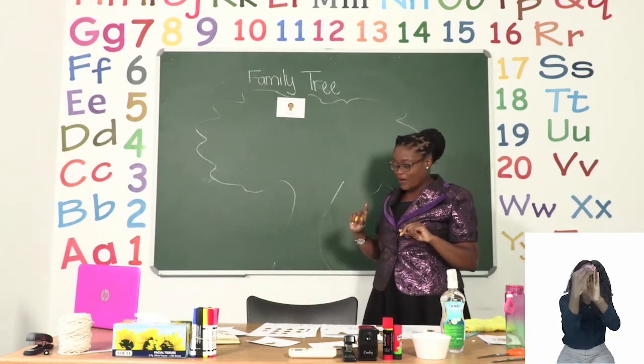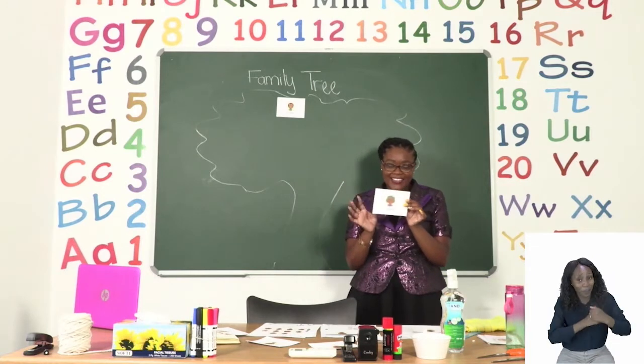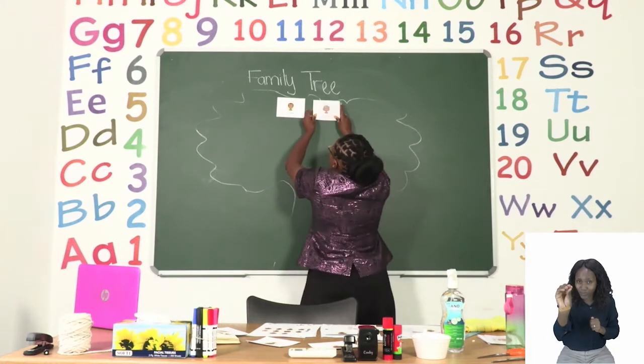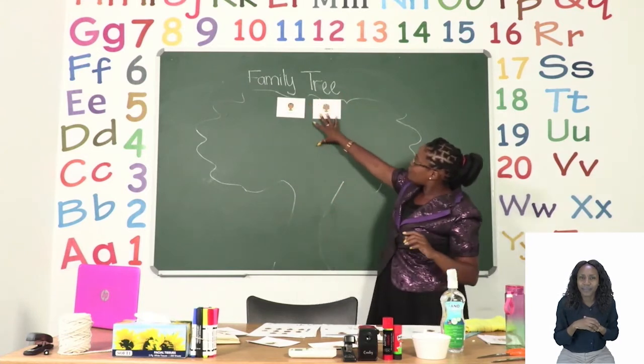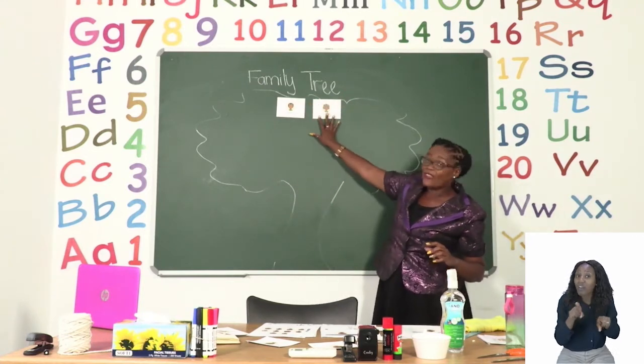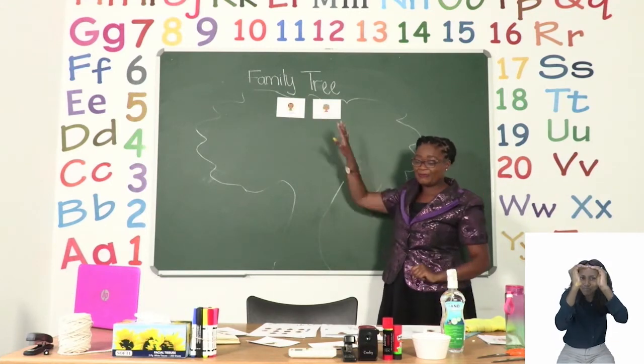Next to grandfather, we will have grandmother. Now grandmother and grandfather sit at the top because as a tree grows, the older parts are at the top and not the bottom.